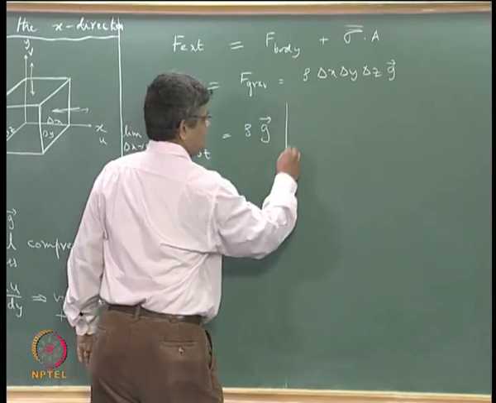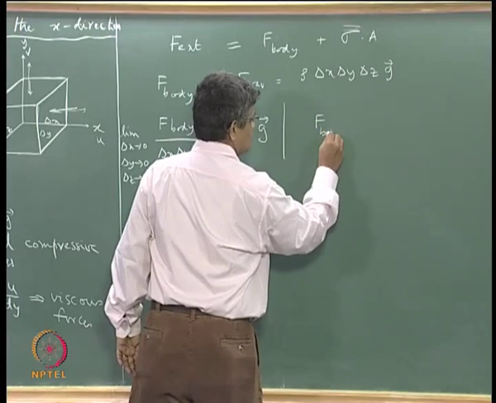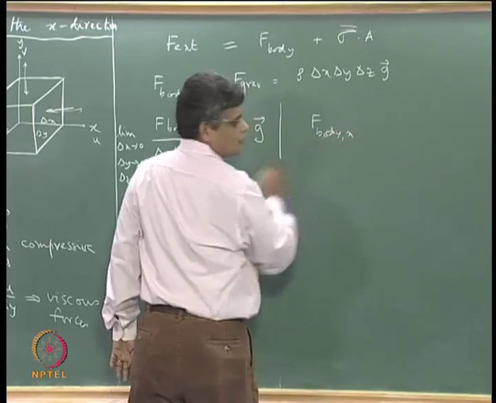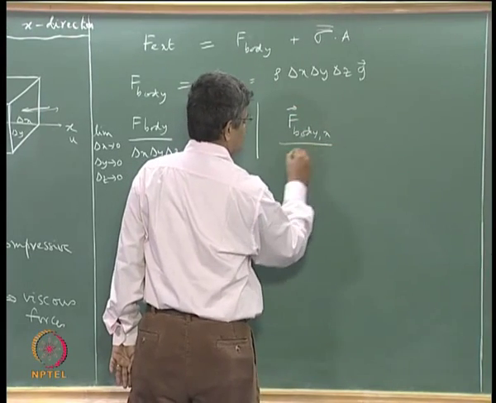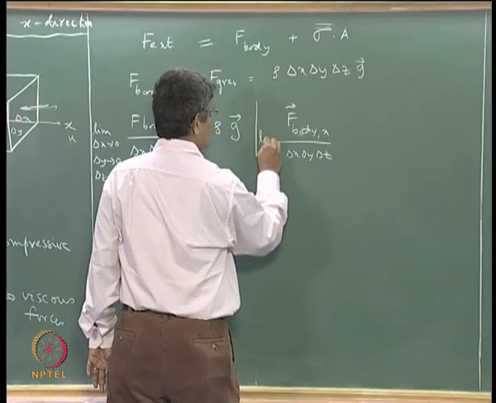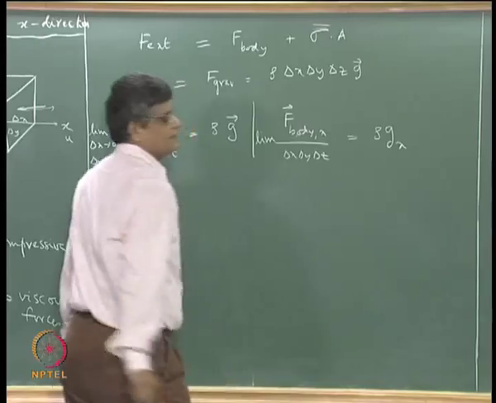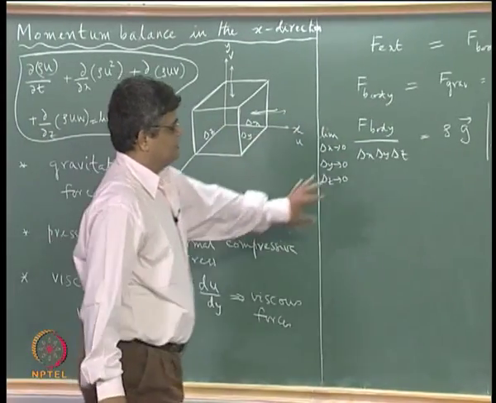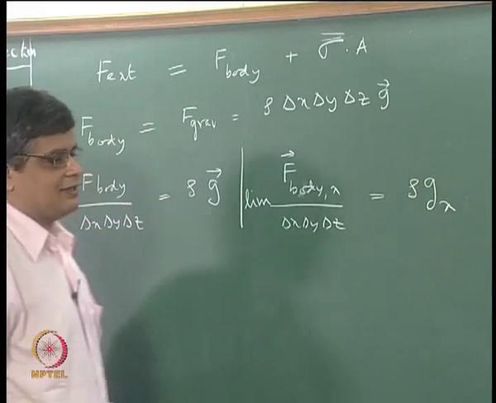Specifically, the x component of the body force per unit volume is rho g x, where g x is the x component of the gravitational vector.